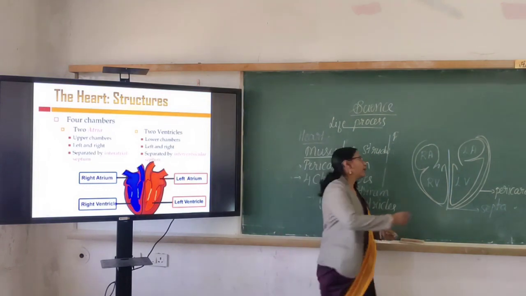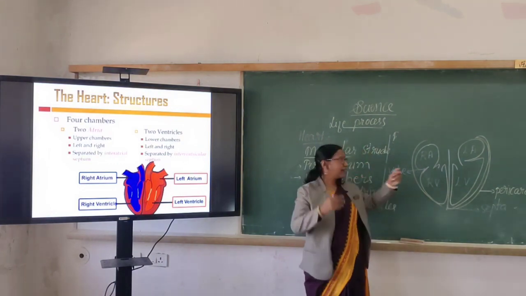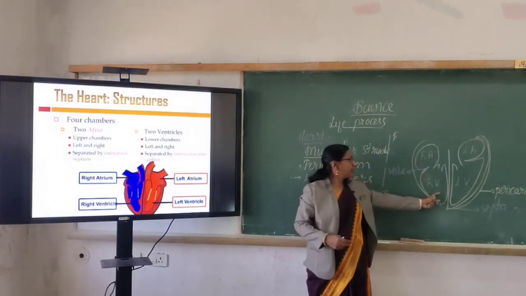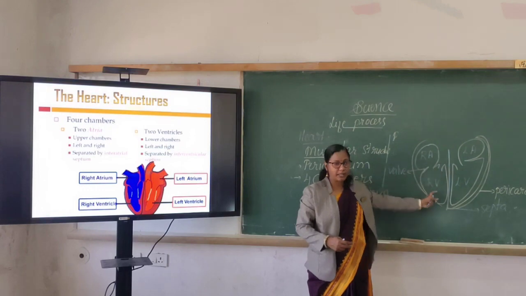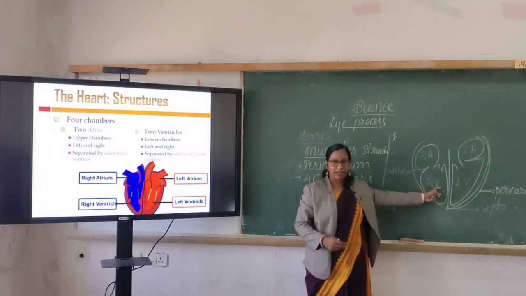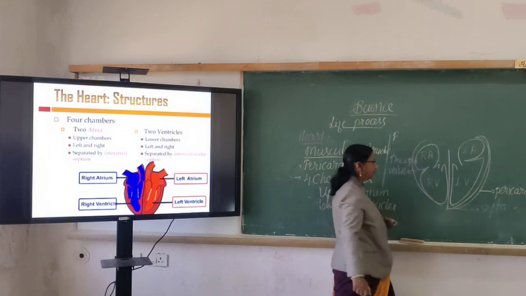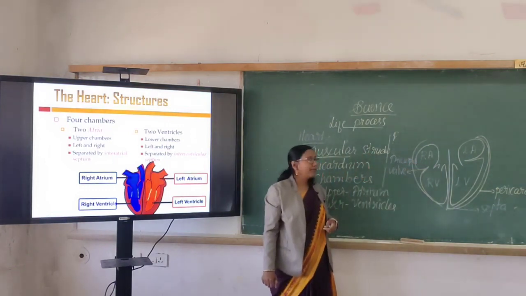There are valves, and there are 3 valves in the right chambers, between the right auricle and right ventricle, called the tricuspid valve.